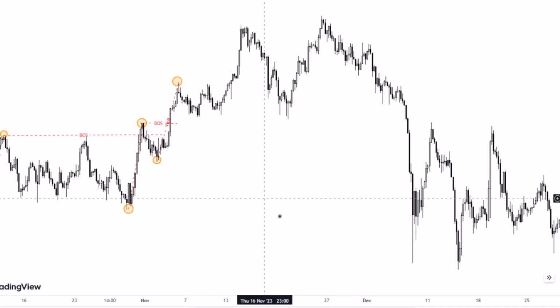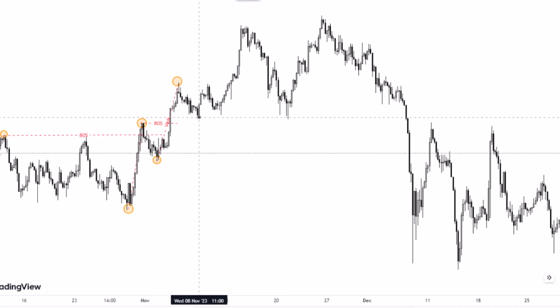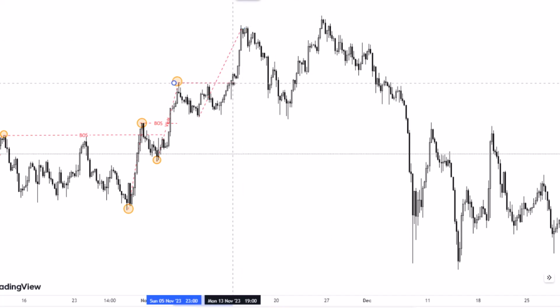Next, the price then retraces and created this lowest low and traded all the way to this side, thereby breaking the previous structure which was newly created.